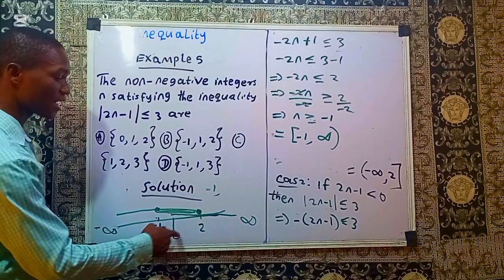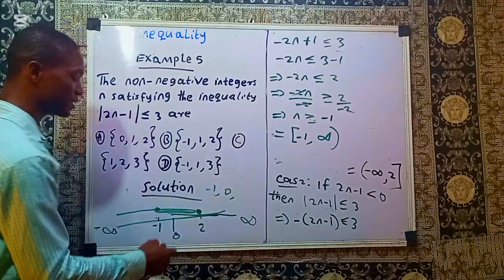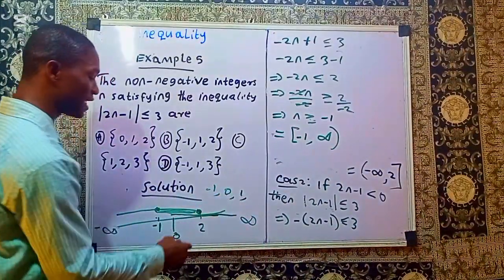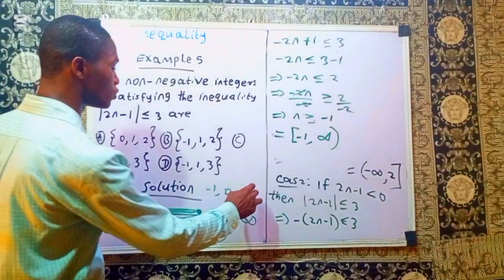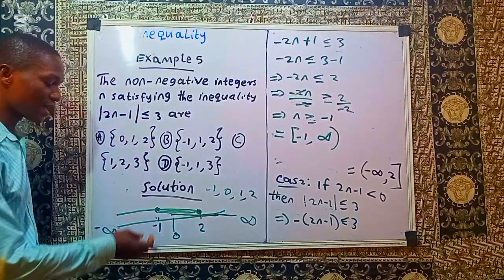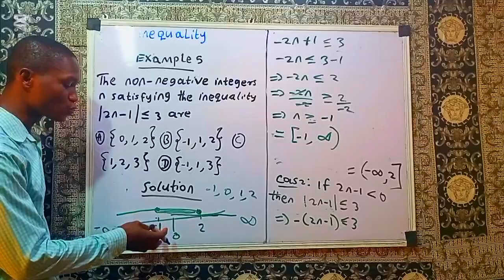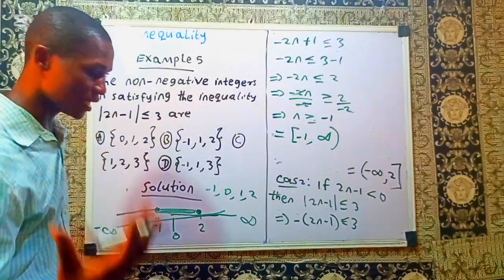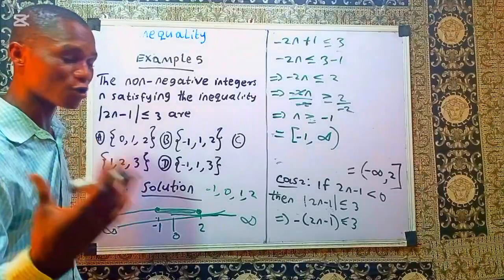Then the next integer is what? 0. Then the next integer before 2 is 1. Then finally you arrive at 2. So these are the possible integers you are going to get, from minus 1 to 2.